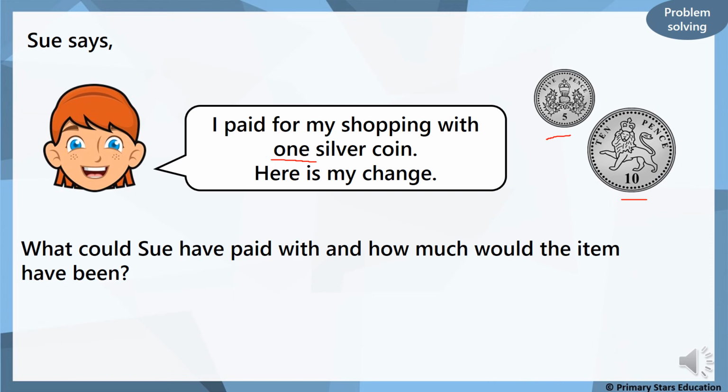She couldn't have had a 10p because she wouldn't have got that much change. Could she have had a 20p? She could have had a 20p, and if she spends 5p, she might get 15p change, mightn't she?